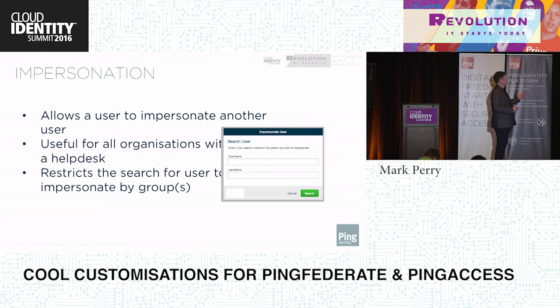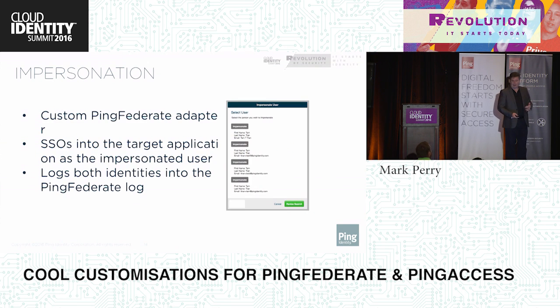By using this particular IDP adapter, we're able to allow the help desk person to first of all search for the user's details, and then using a custom PingFederate adapter, the help desk person can impersonate the user in the application.